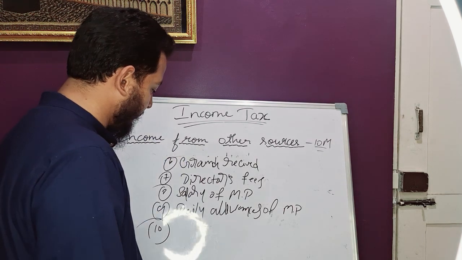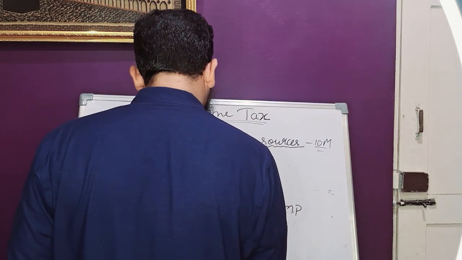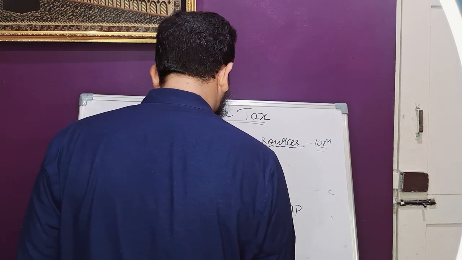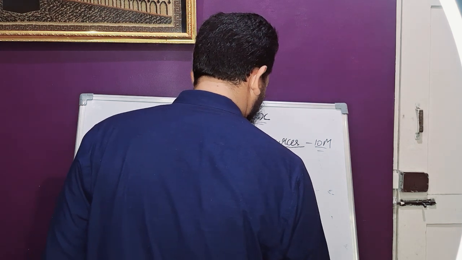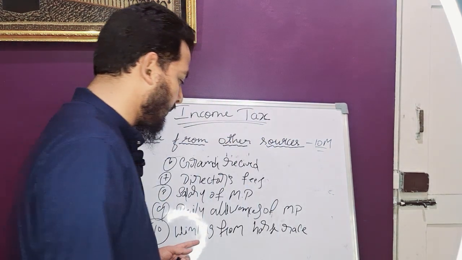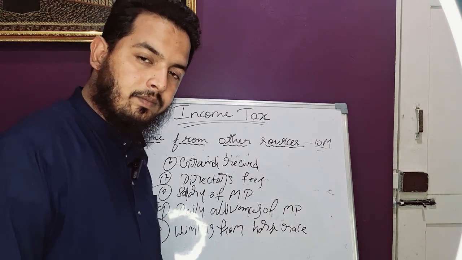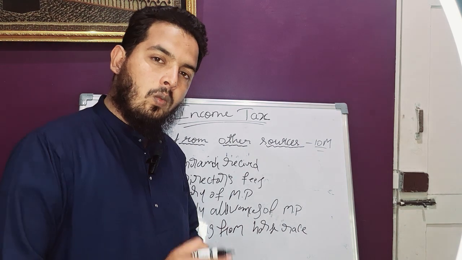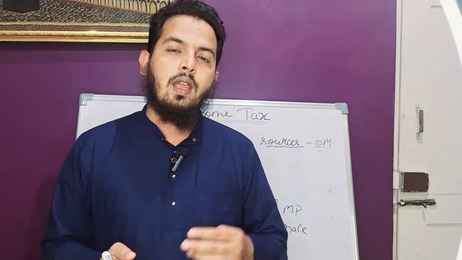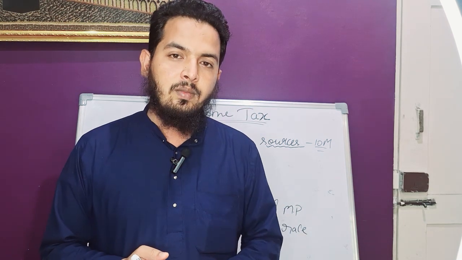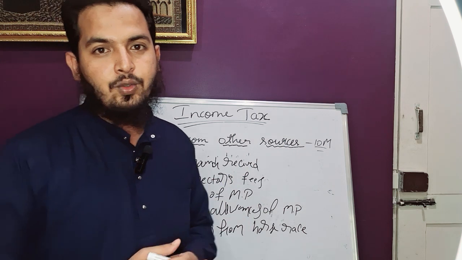Next point is winning from horse race. Winning from horse race, winning from lotteries, winning from crossword puzzle games, winning from TV shows, every casual income is taxable under the head income from other sources.